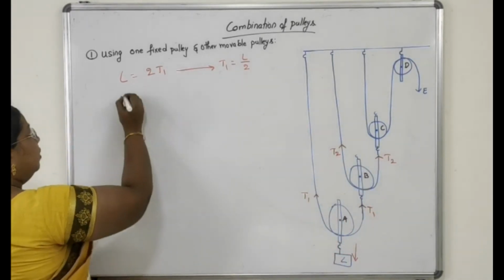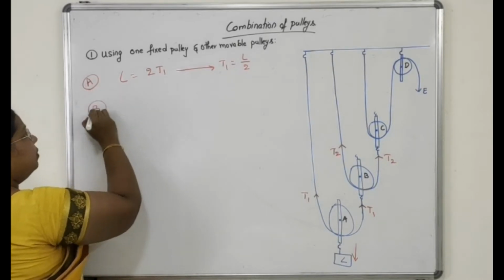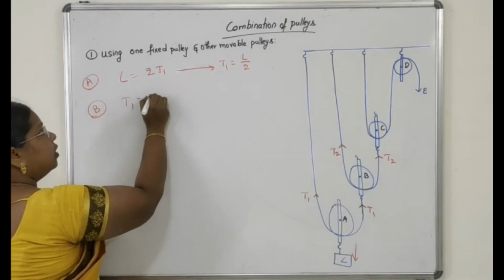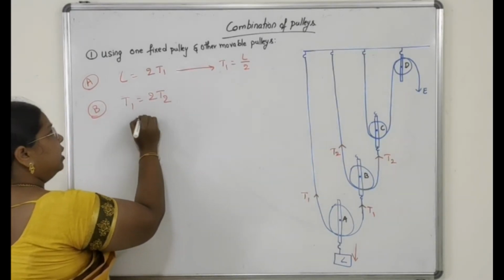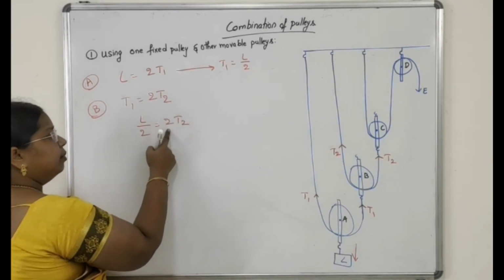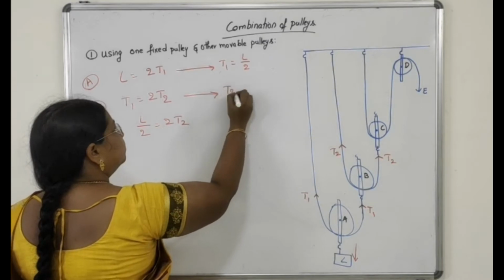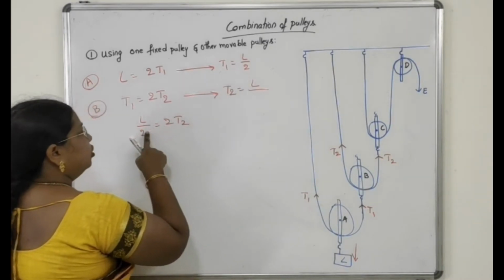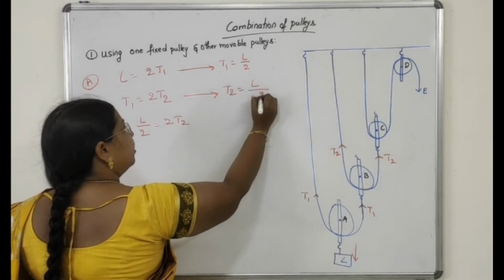What is T1? L by 2 is equal to 2T2. Bring this 2 to the other side. So your T2 is equal to L by 2 into 2, and 2 into 2 means 2 square.